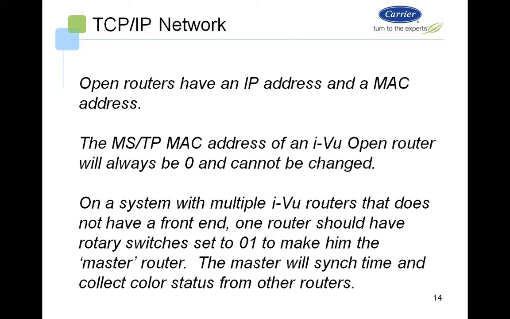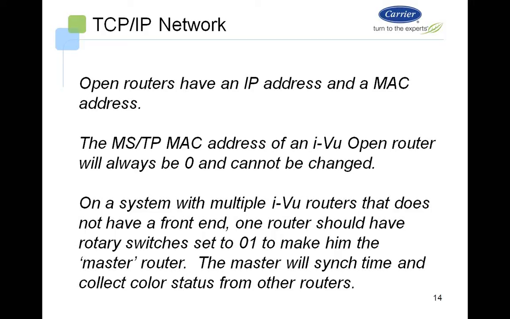When you have a system with multiple IV open routers that does not have a front end, one open router should have the rotary switches set to 0, 1, and this makes him the master router.